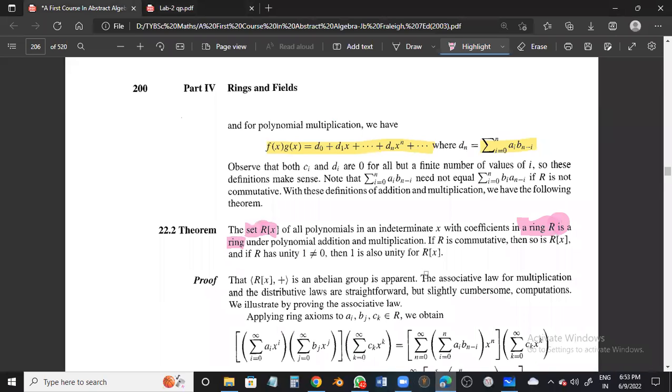Further, if R is commutative, then R of X is also commutative. And next, if R has a unity 1, then R of X also has unity 1, with 1 not equal to 0. If the unity is 0, then it becomes a zero ring and nothing is left in your hand over there.